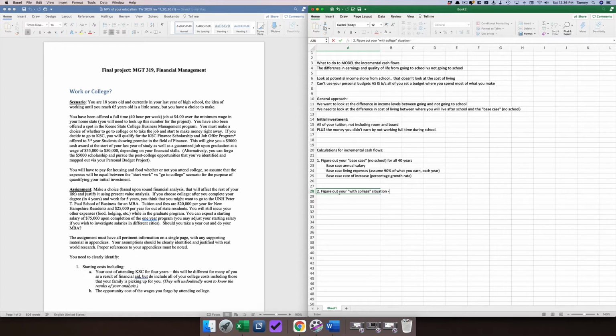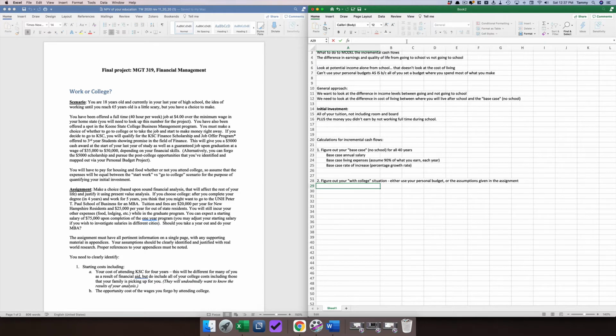And so for that, you can either use your personal budget that you did earlier or the assumptions given in the assignment. So the first thing is you're going to have your with college annual salary. And then you're going to have to figure out your with college living expenses.